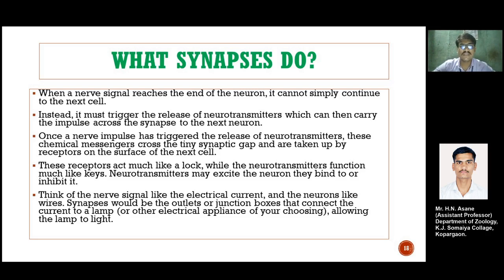Likewise, these synapses are the switches, or the synaptic clefts are the junction boxes that connect the current to the lamp. So the synapse allows the electrical impulse to get in touch with its target, and that process proceeds by means of this type of synapse.